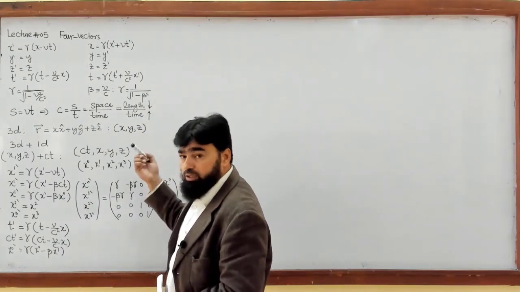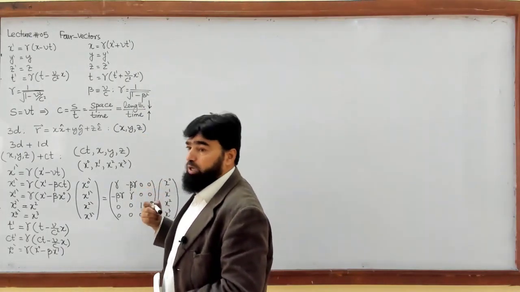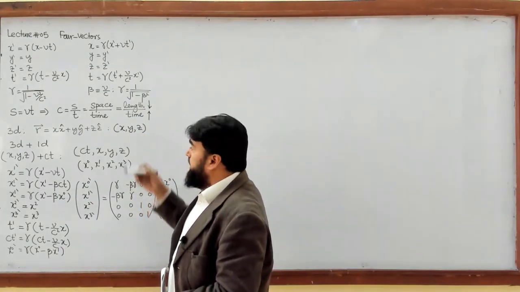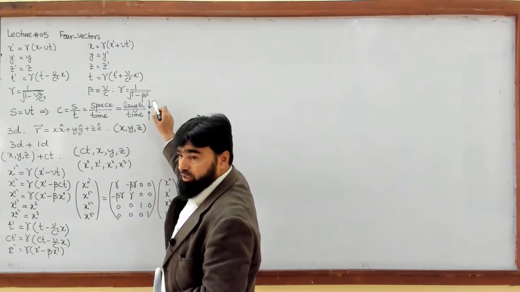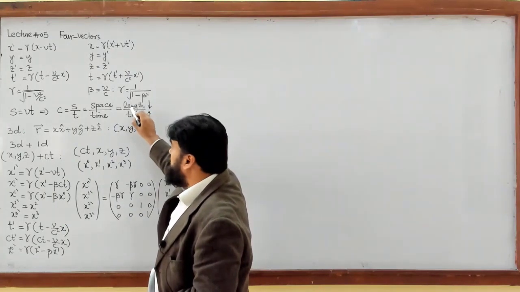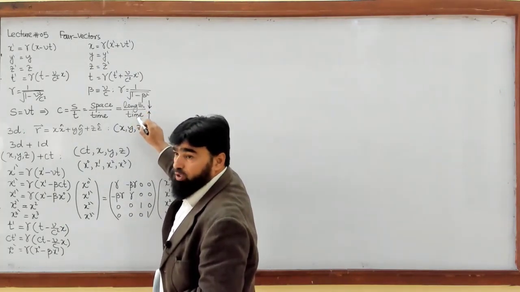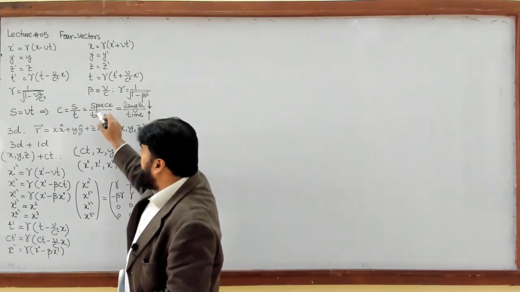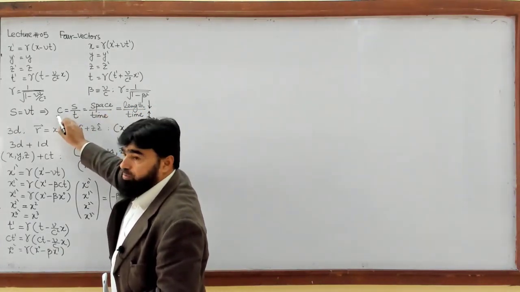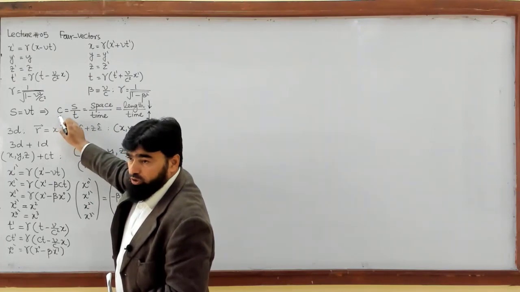It is to be a length on which both the frames will agree. Because under the Lorentz transformation, length is contracted. So we should go for a length and for a time which is not motion dependent, and that will keep the velocity of light, the c, constant.